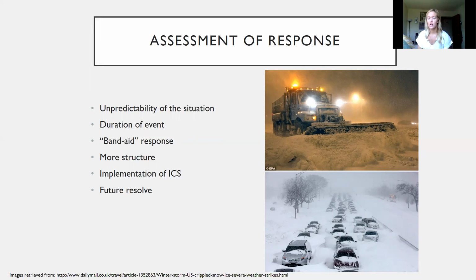So it really was a long duration event, and they kind of had to Band-Aid response to the things that were happening. They would get inches of snowfall that were just unheard of. An area in Michigan got over 20 inches of snowfall in a very short period of time, and as a result, you can't predict these things coming, and so they had to just Band-Aid remove snow or remove people from areas or close roads. So it was very after the fact that these things were happening.